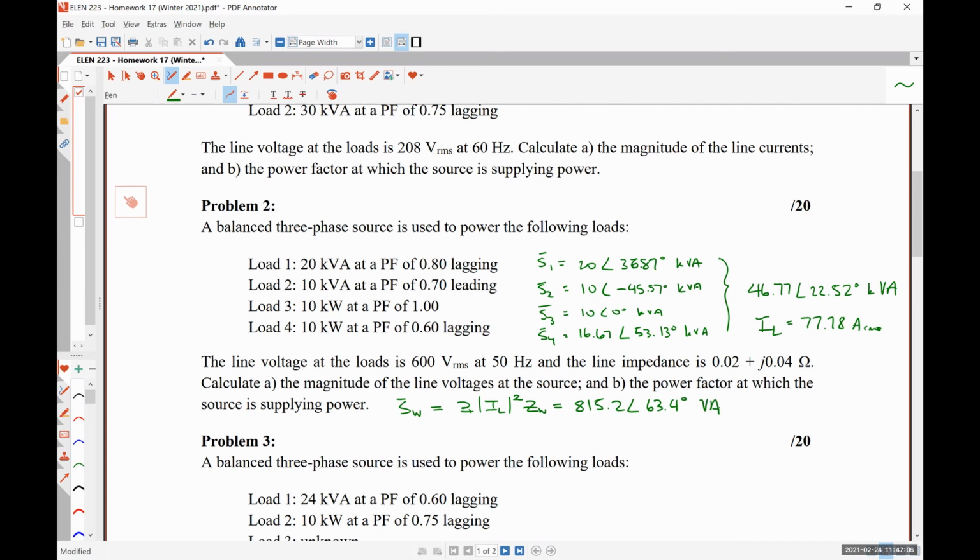So that is in volt-amps. We need to add that to the complex power absorbed by the composite load. Pay attention, because the wire loss is in volt-amps and the others are in kilovolt-amps. So the complex power supplied by the source is S_W plus S1 plus S2 plus S3 plus S4, which is going to give you some number. Tell me what it is whenever you get it.